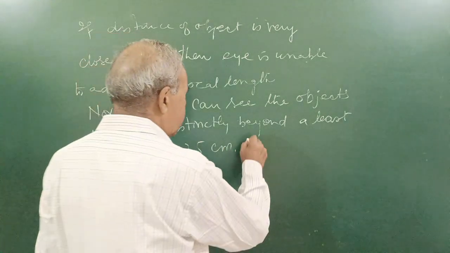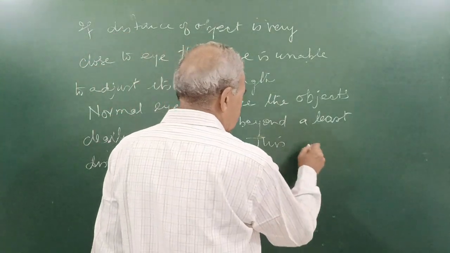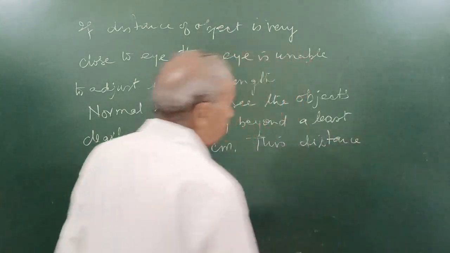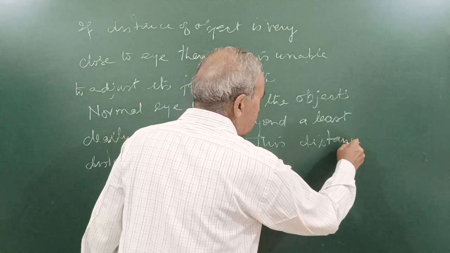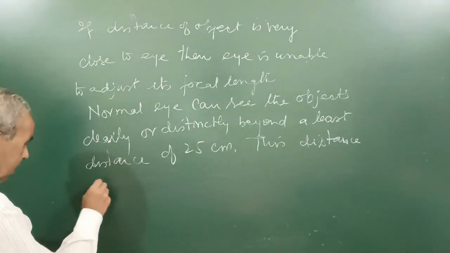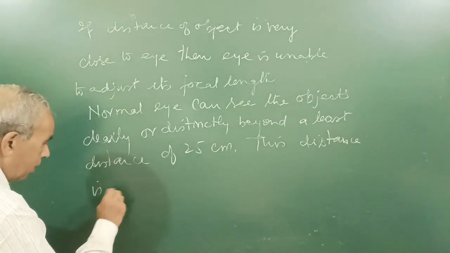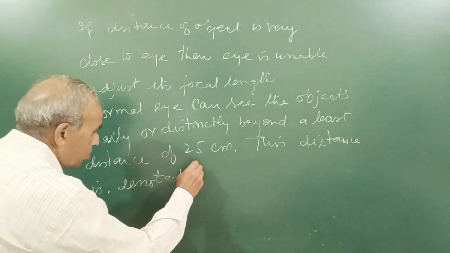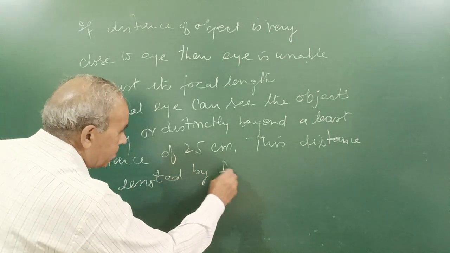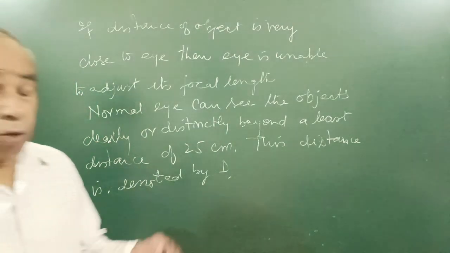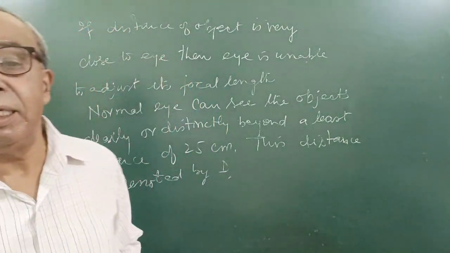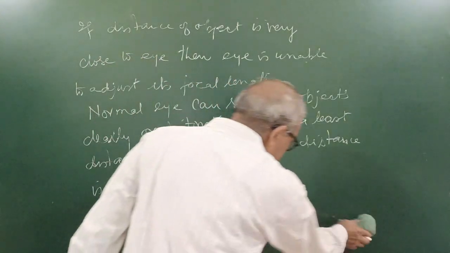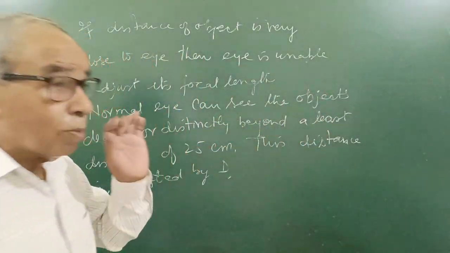This distance is denoted by D. For a normal eye, this distance D is 25 centimeters. So our eye can see, normal eye.